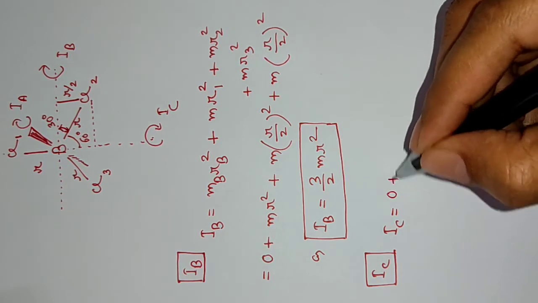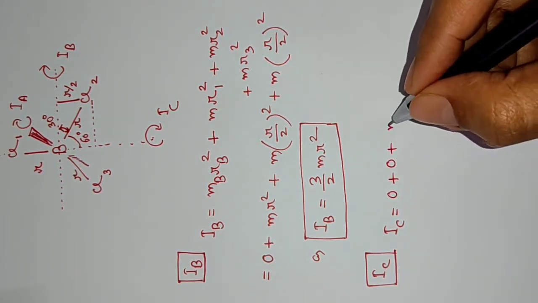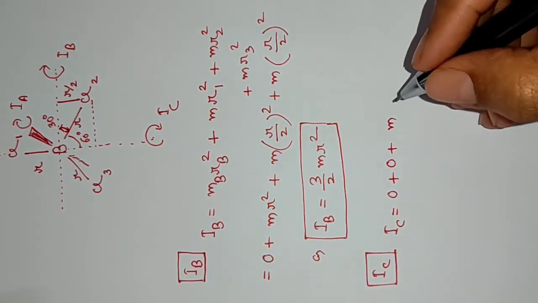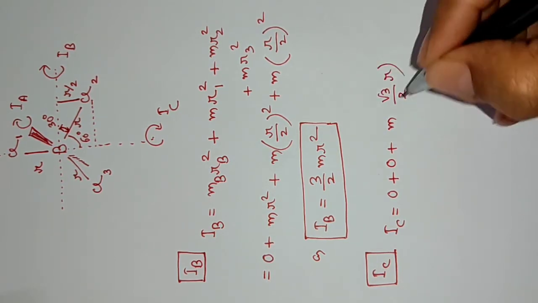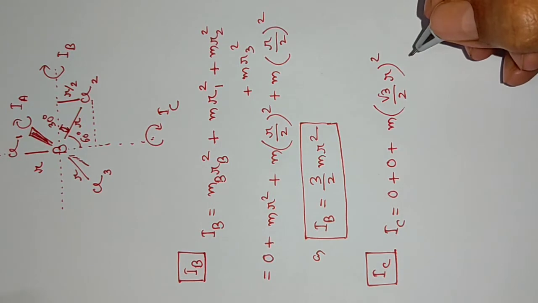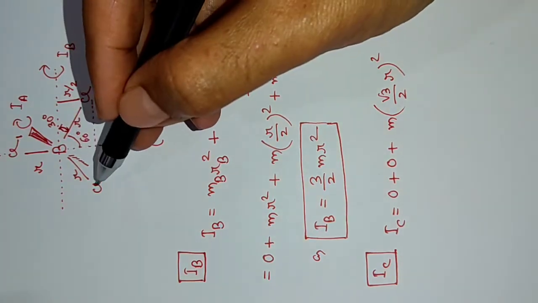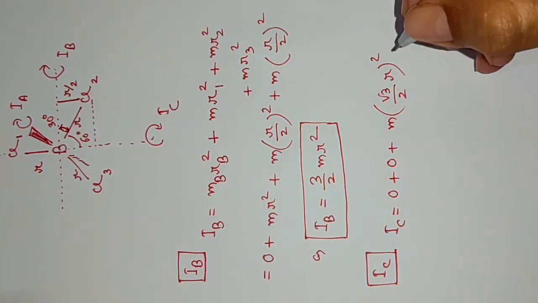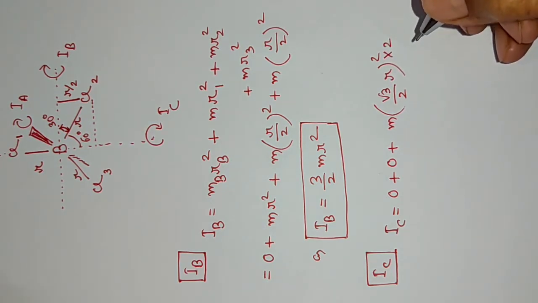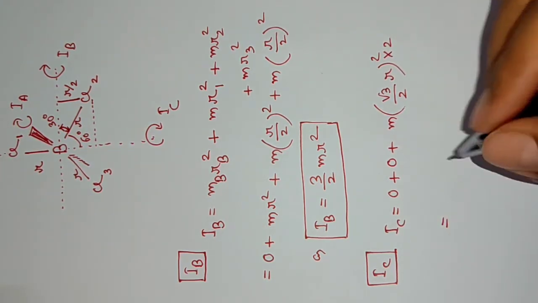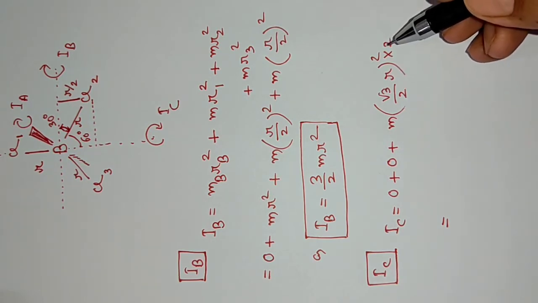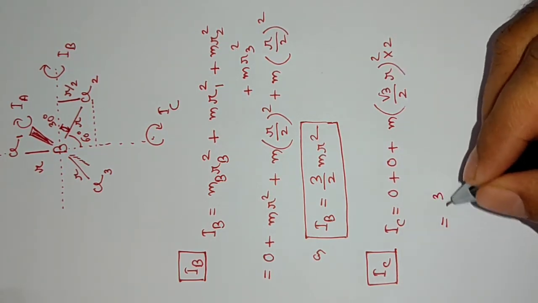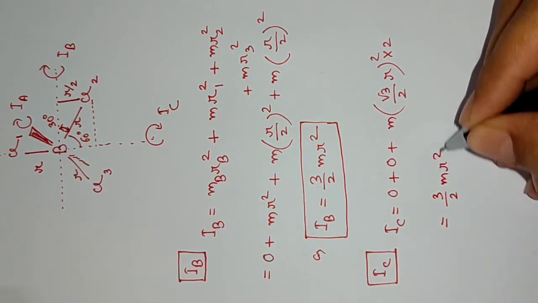It will be 0 plus 0, and then it will be m r2 square, where r2 will be root 3 by 2 r, squared. Now for this chlorine atom same thing will happen, so it will be 2 times. I am skipping the step. So it will be 3 upon 4 into 2, so 3 by 2 m r square for IC also.